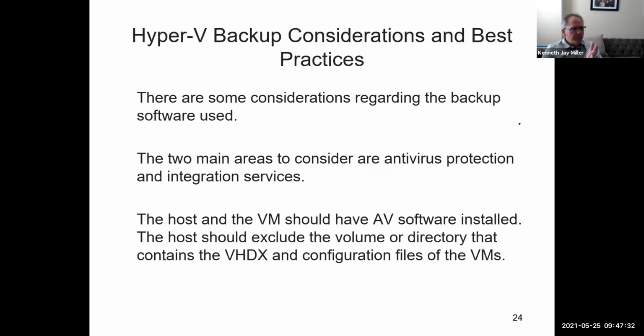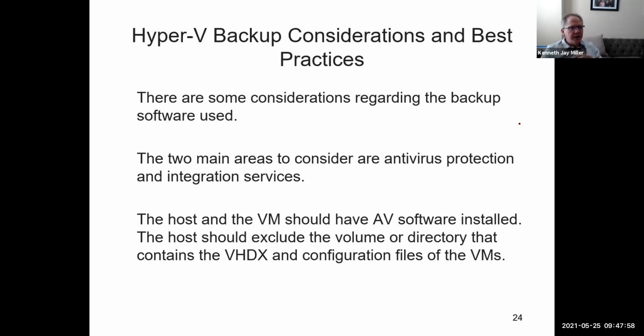Now, there are also some considerations with the backup software that we use. The 2 main areas to consider are antivirus protection and the integration services. Our host and our virtual machines should have antivirus software installed just like any other machine on our network, right?